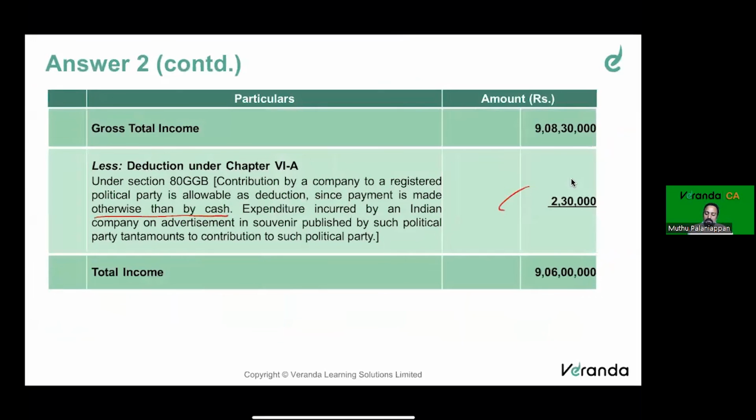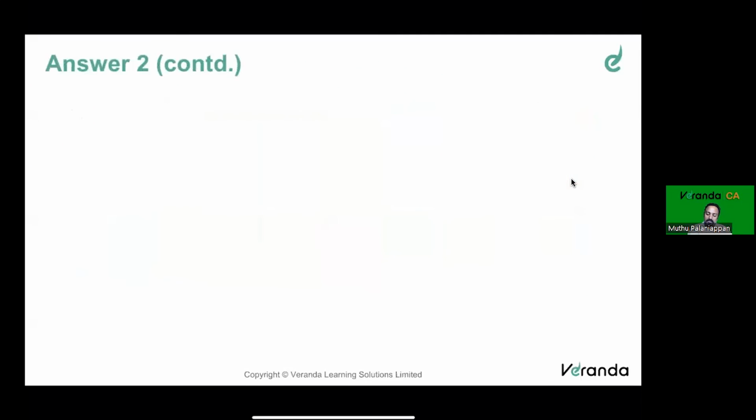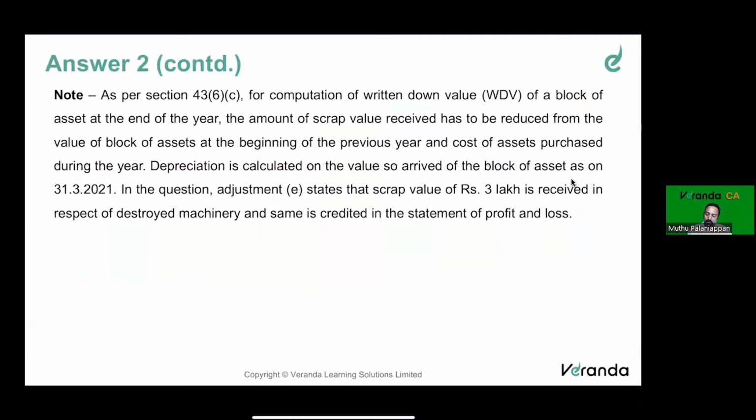We have considered here that it is through non-cash mode, so it is an allowed deduction under section 80GGB, that is 2.3 lakhs. So your total income is 9 crore 6 lakhs. It is above 1 crore and less than 10 crores, so you have surcharge, and we need to calculate surcharge accordingly.